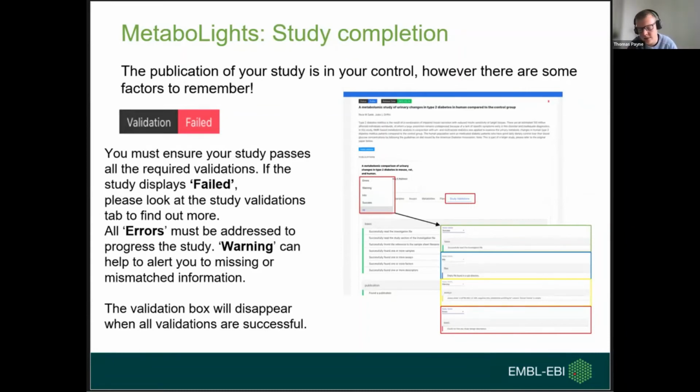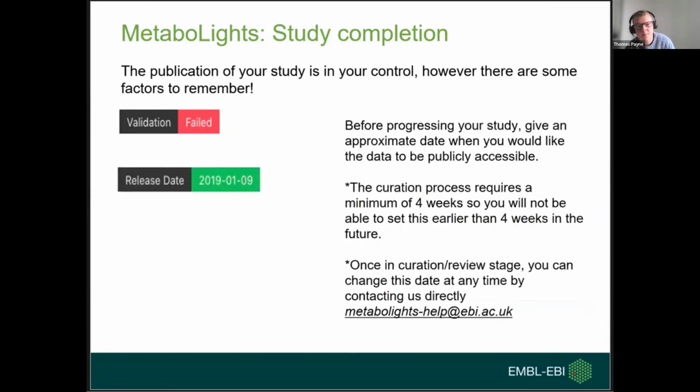So successful completion, information, warning, and error. And as mentioned, you must address all the errors and also address warnings where applicable to your study. Validation rules range from missing data to defined headers, character lengths, unique IDs, file types, referencing, and so on. And the validation box will disappear when all validations are successful.